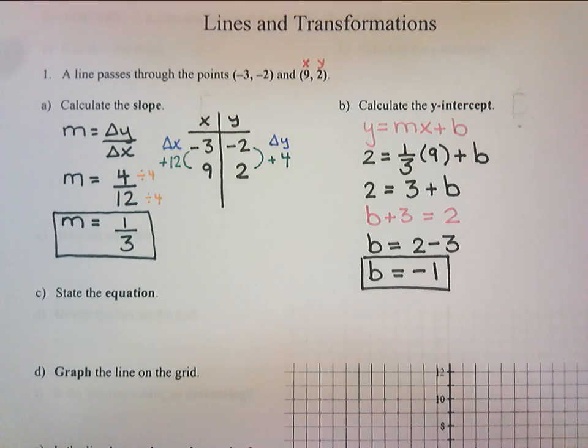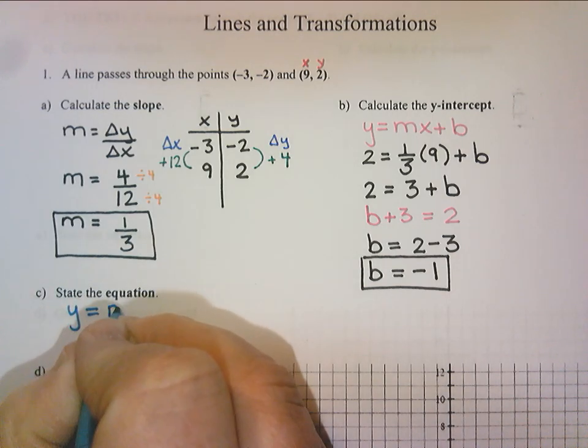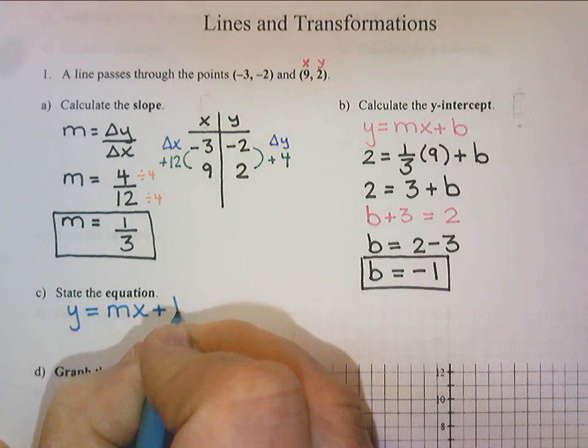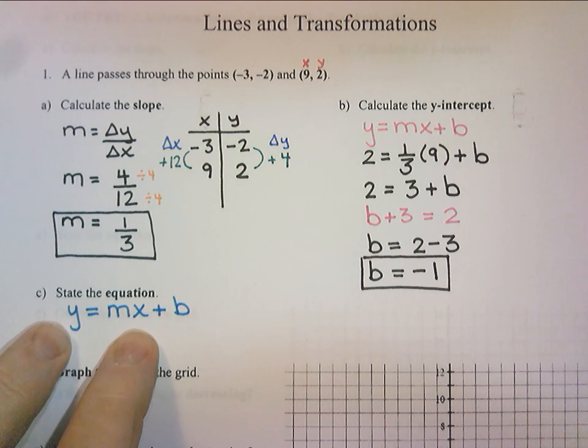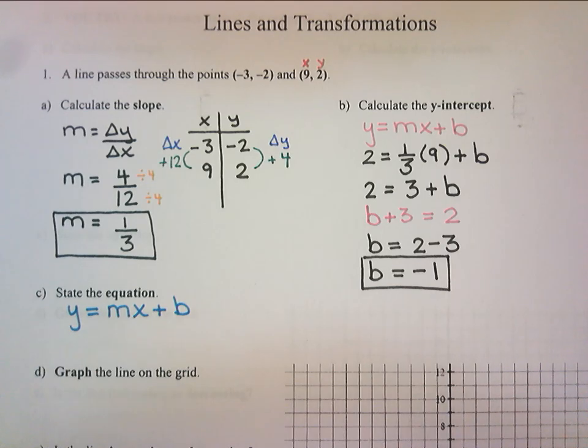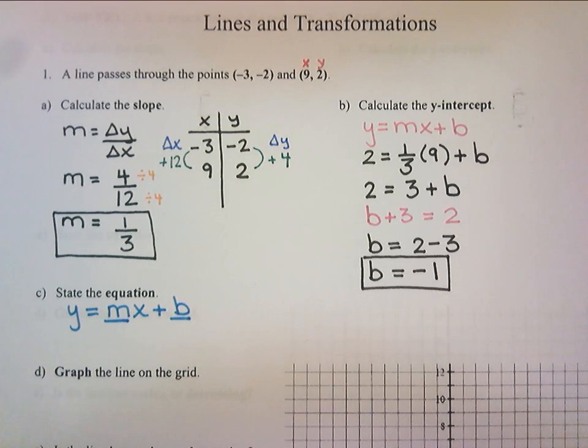Okay, part C asks us to state the equation. So when we're doing the equation of a line, we are using y equals mx plus b. But in order for it to be an equation, it needs to keep the letters for x and y, but it wants numbers for m and b. So we are going to put in the slope that we calculated.